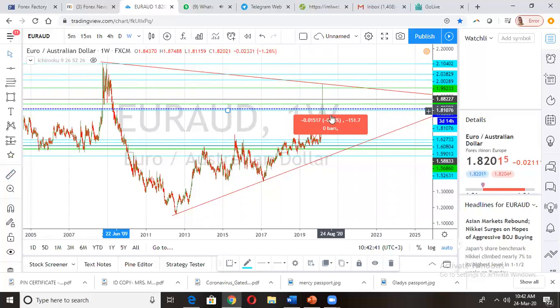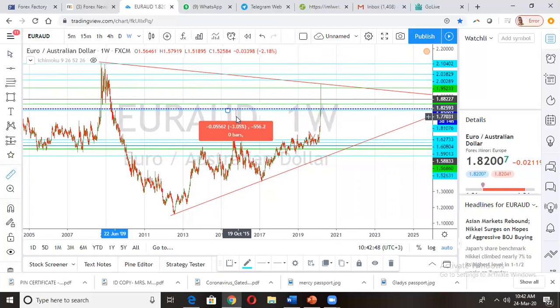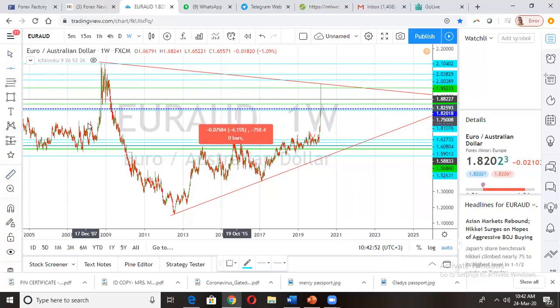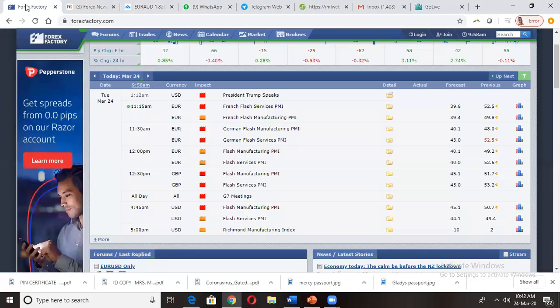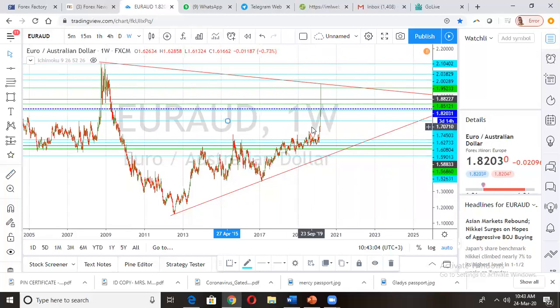But I see Euro AUD can even go all the way down to like 500 pips. I really want to wait for the news. The news is at 11:15. I really want to wait for the news at 11:15, but I'm on a bearish trend for the Euro AUD.